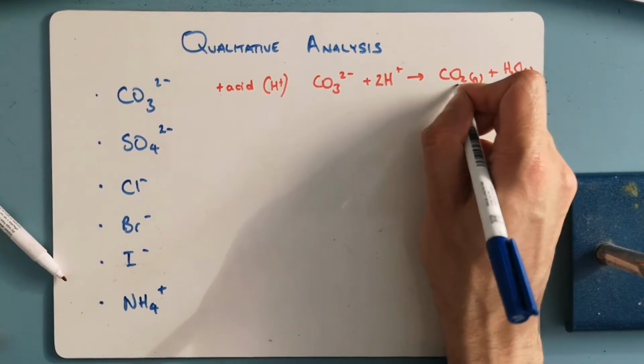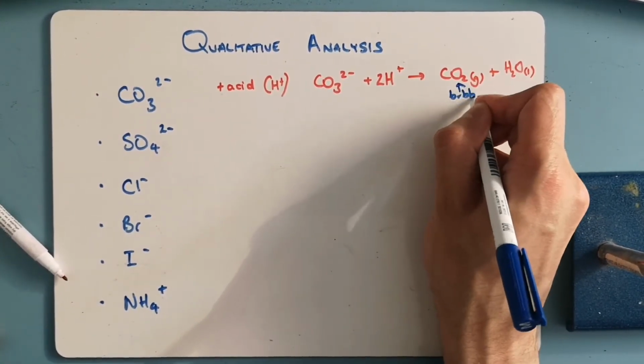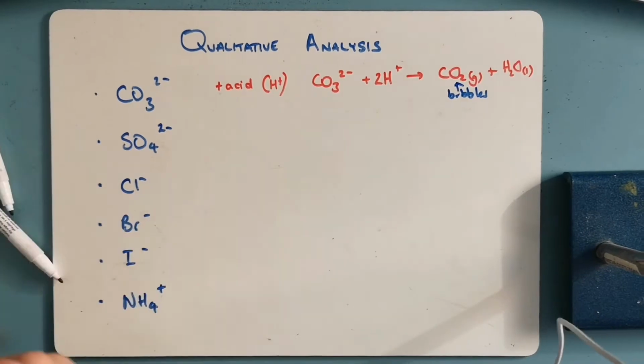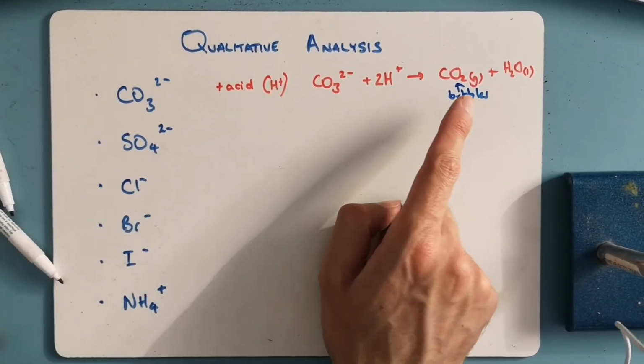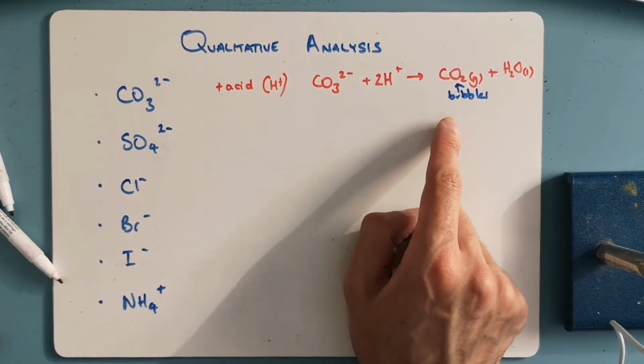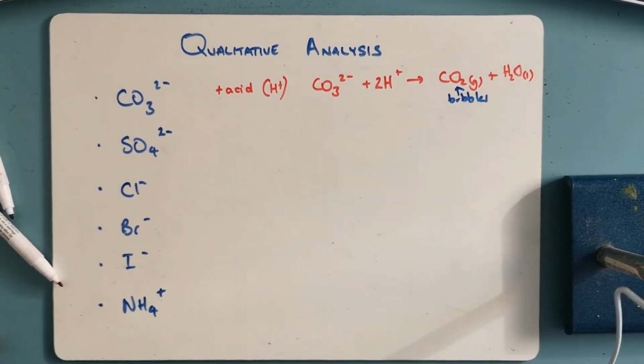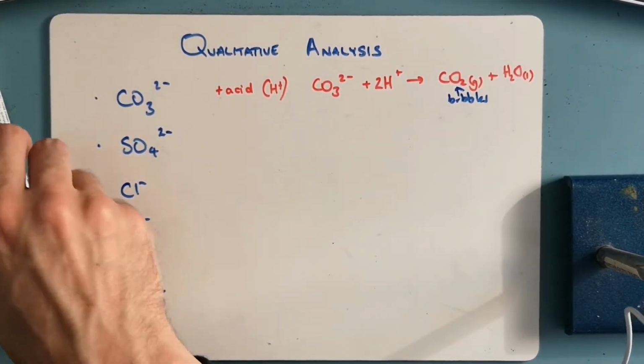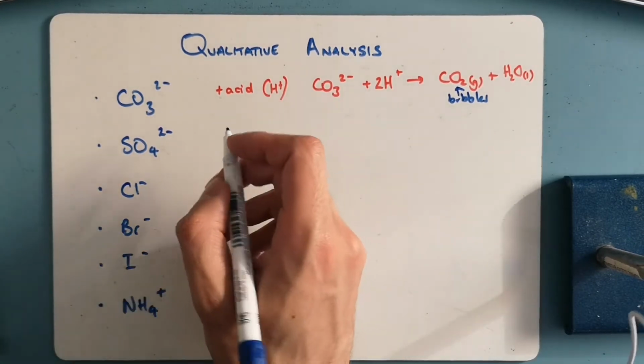Because we're getting a gas given off, we'd see bubbles. So carbonates can be identified because they produce CO2 when reacting with acids, and if we look out for the bubbles, we'll see CO2 gas given off if it's a carbonate.